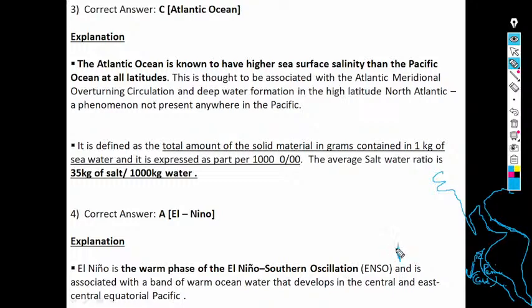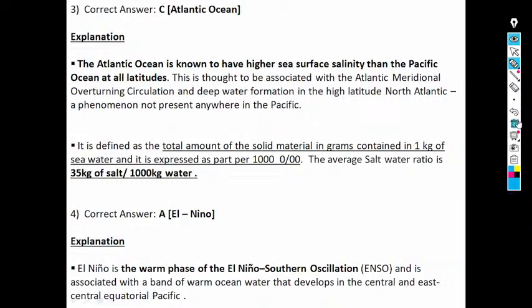Particularly on the Peruvian coast, this cold current turns into a warm current, and this brings massive hazard in these areas. That is the El Nino effect.